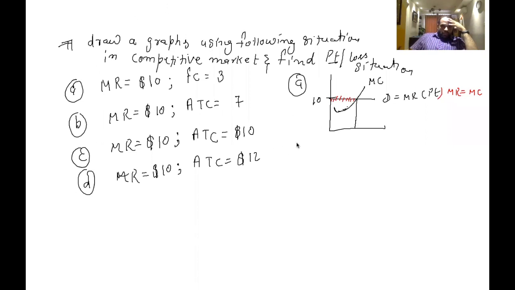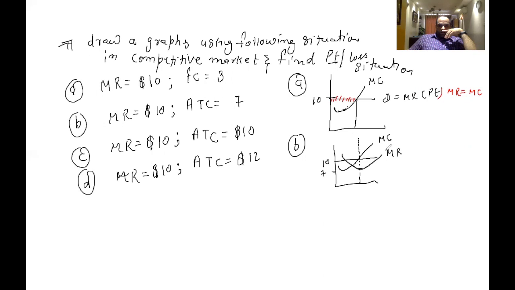Now B, MR 10, ATC 7. MR 10, this is your quantity, and ATC is 7. So this is your MC, and ATC is 7. So 7 is going to be somewhere around here, right?